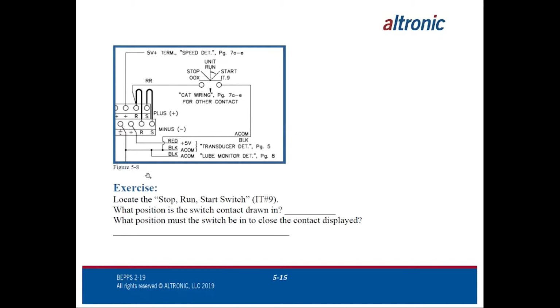If I were to measure between 24 volts and this terminal, I should have 24 volts because I have a good ground. If I did the same on this side with the switch in the stop position, I would have nothing. But when I closed the switch and did the same measurement, all of a sudden I should see 24 volts because now I have a good ground here.